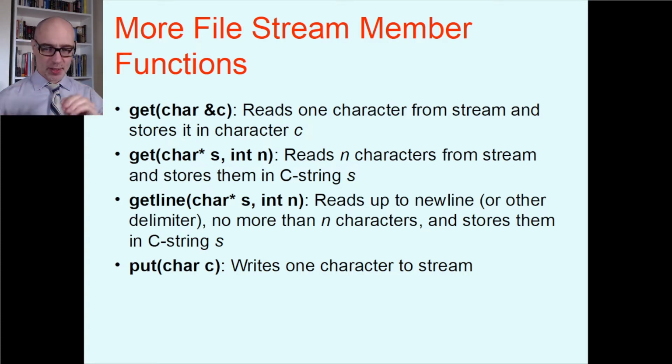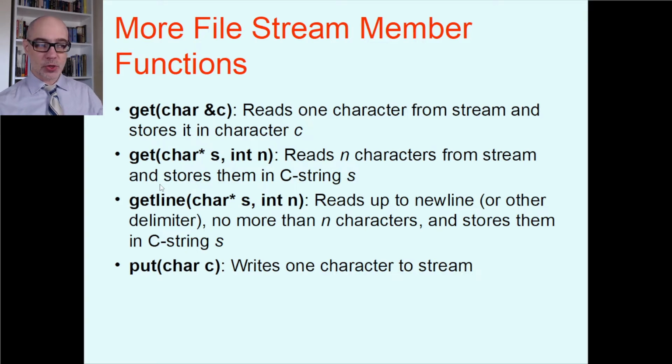So if I have New York City and I call the right arrow operator with cin or a file, it's just going to get New and it's going to ignore that space. This next time I get it, I'll get York, and you'll never actually see that space. So if you want to read individual characters and see every single character, including spaces, you could use this. Just gets one single character at a time, including letters and digits and spaces and tabs and whatever.